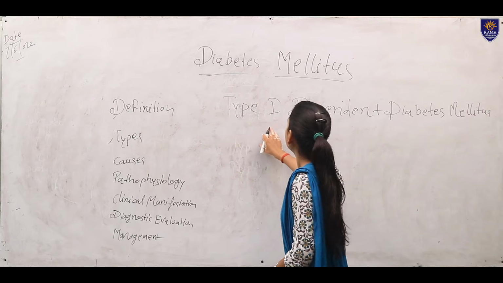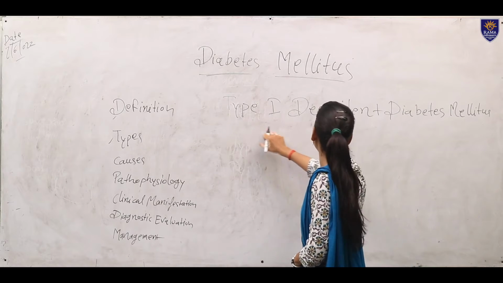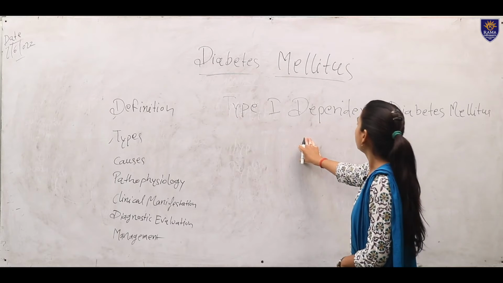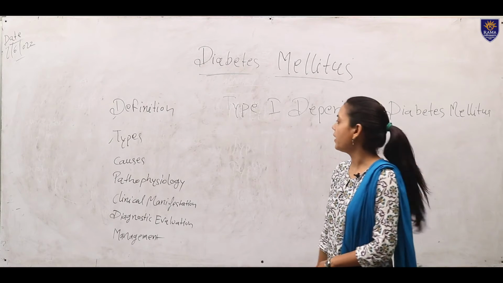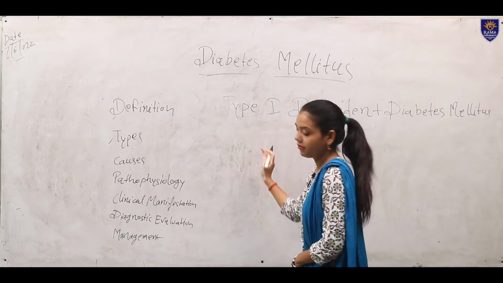In this type of diabetes mellitus, there is destruction of pancreatic beta cells due to environmental factor, immunological factor and genetic factor.